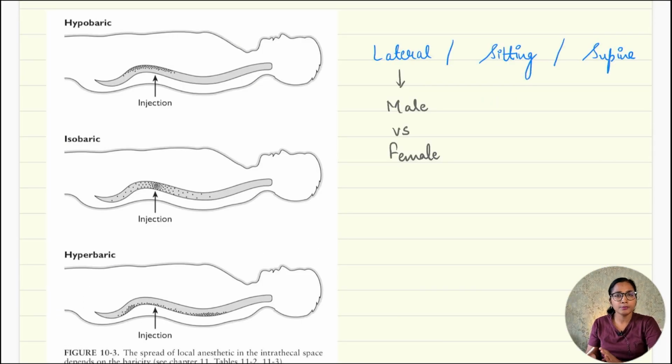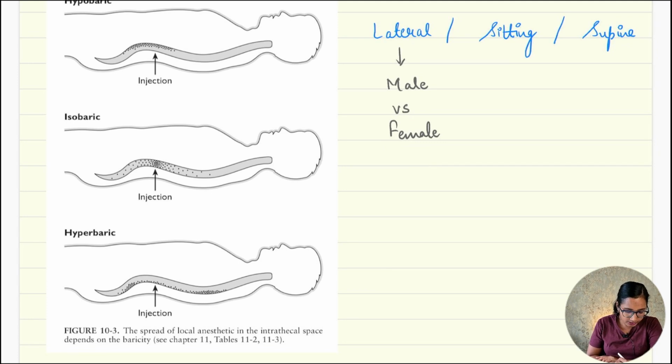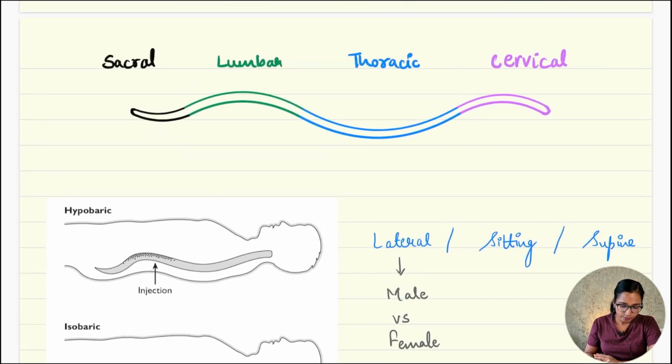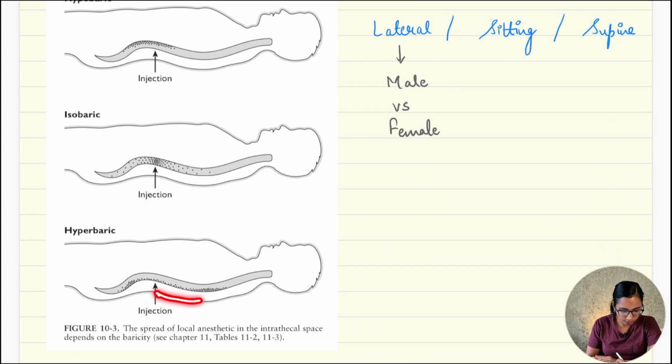If we make the patient lie supine immediately after giving the drug, how does the spread happen? A hyperbaric drug gets collected in the most dependent part of the spine. As the patient lies, the sacral region and the lower thoracic and lumbar region become most dependent, the lower thoracic region being this part, and the drug spreads along it.